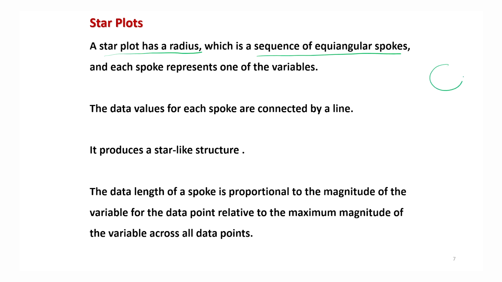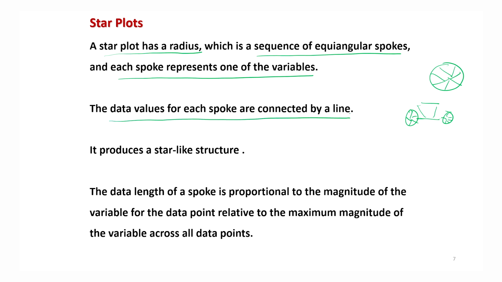For example, you have seen the bicycle. A bicycle has a wheel which has spokes, right? If you look at the bicycle like this, you have spokes here to maintain the wheel. Each of these spokes represents one of the variables, and the data values for each spoke are connected by a line.